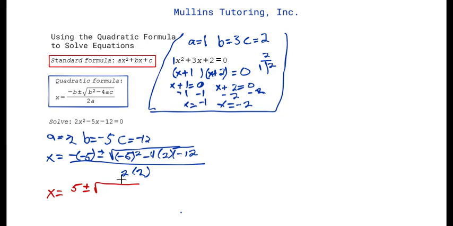So negative 5 squared is going to be a positive 25. And then we have negative 4 times 2 is negative 8, and negative 8 times negative 12 is positive 96. And that's going to go over 2 times 2, which is 4.